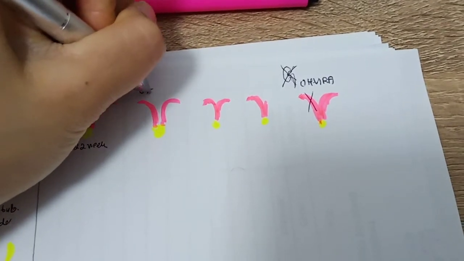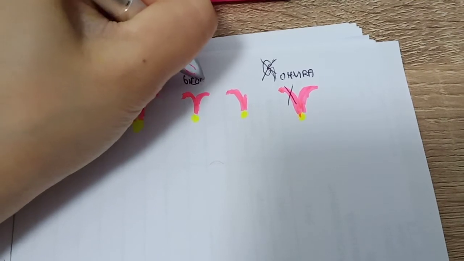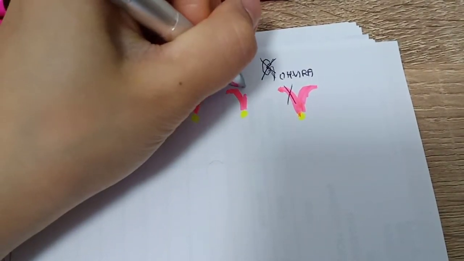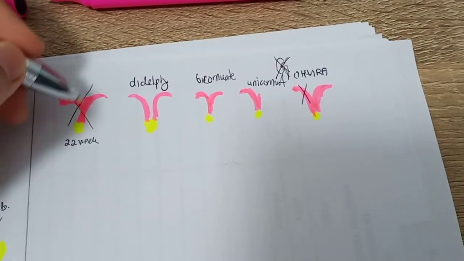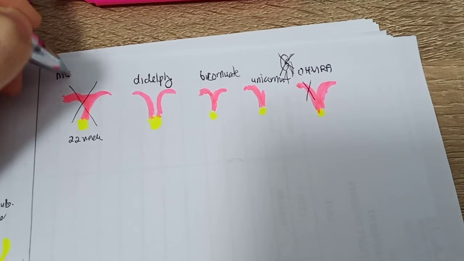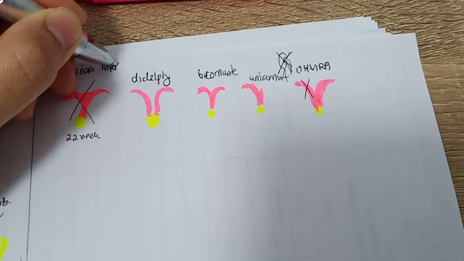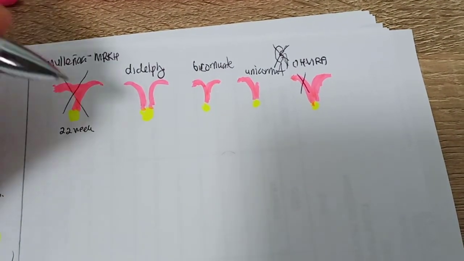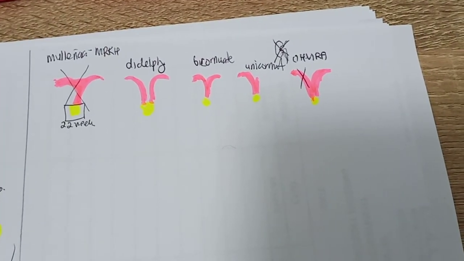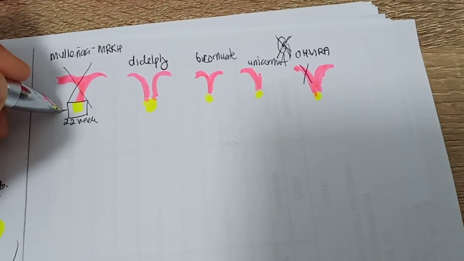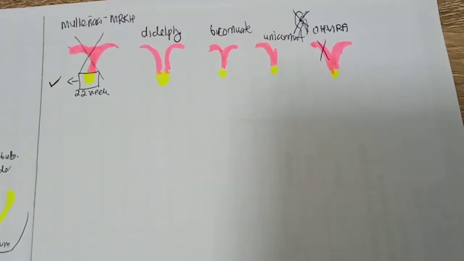So we have didelphys, we have bicornuate, we have unicornuate, and if we don't have anything, we call it mullerian agenesis or MRKH. So MRKH is a disease where the mullerian duct is regressed or underdeveloped, but the external genitalia is present and it's normal. Okay.